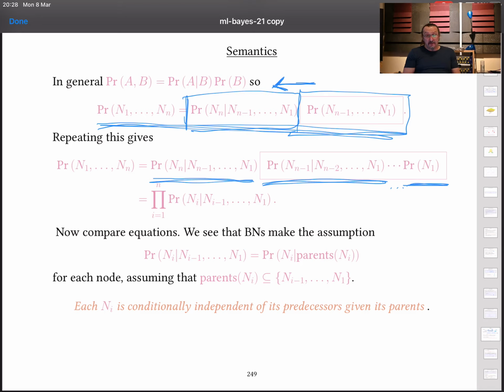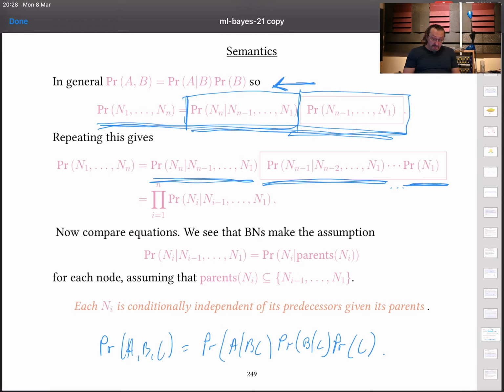Or if you want to see it, just for a minimal kind of example, you could write the probability of A, B, and C is the probability of A given B and C times the probability of B given C times the probability of C. Or you could do that in any order you like. You could say that it's the probability of B given A and C times the probability of C given A times the probability of A.